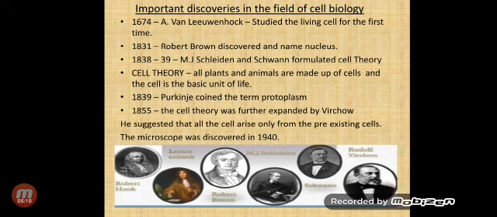In 1839, Purkinje coined the term protoplasm, because the cell is generally defined as a protoplasmic mass enclosed by a membrane, which we will discuss in detail in a further session. And in 1855, the cell theory was further expanded by Virchow, who suggested that all new cells arise only from pre-existing cells.